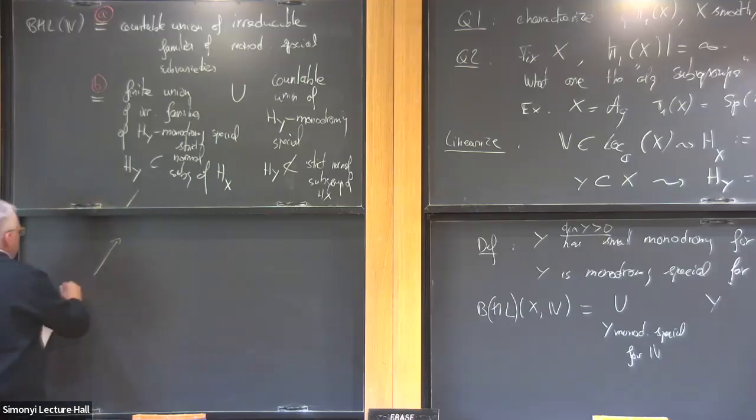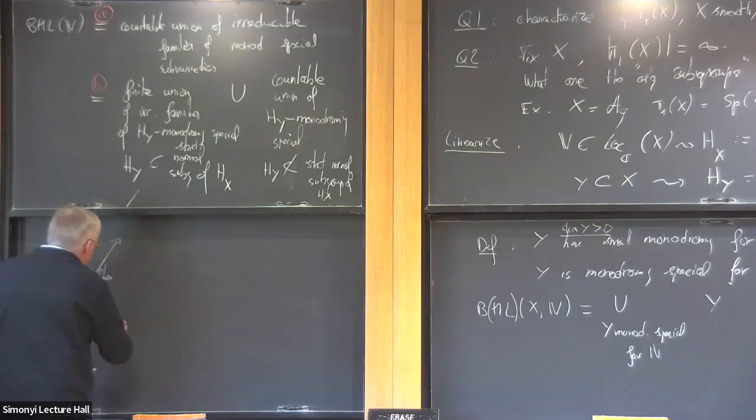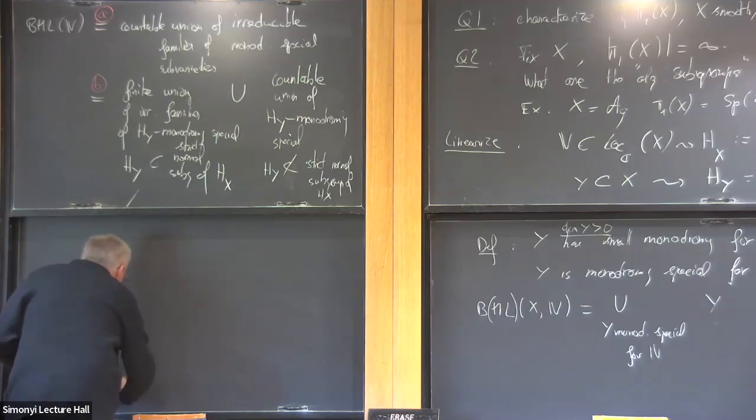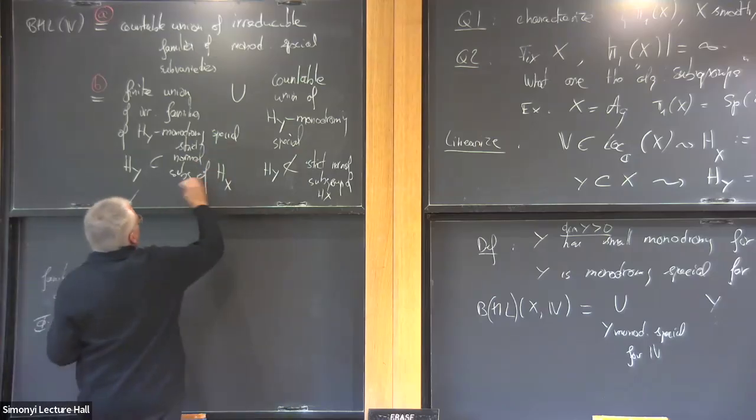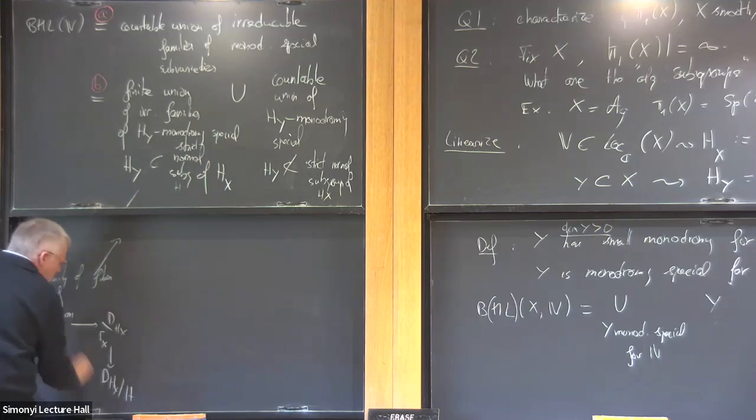And as I said, those are of the form: you take a family of fibers, and you project to D8X, or H, where H is this normal subgroup.